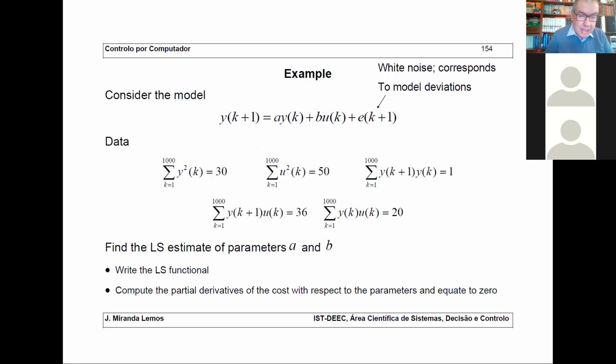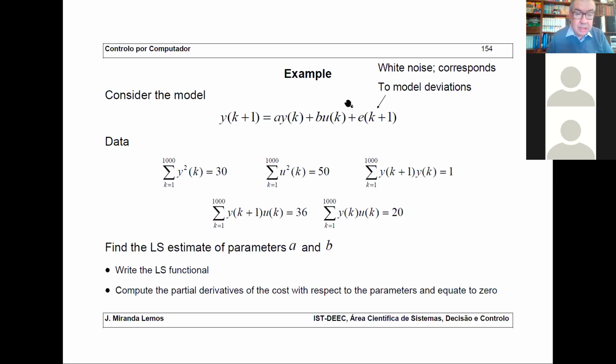So let's start by considering a very simple example and use the least squares principle. So suppose that your system is first order. So your model is y of k plus 1 equal to a yk plus b uk plus some noise.